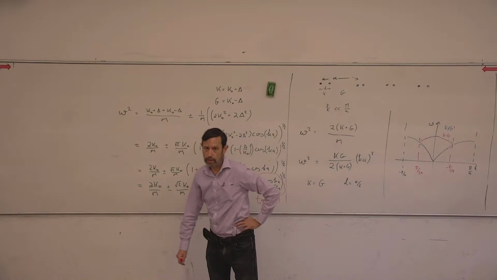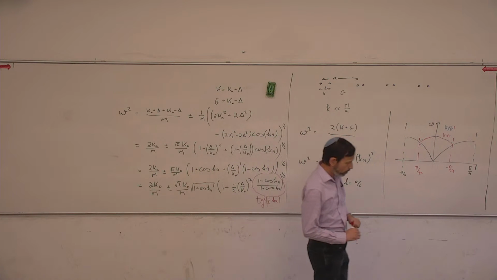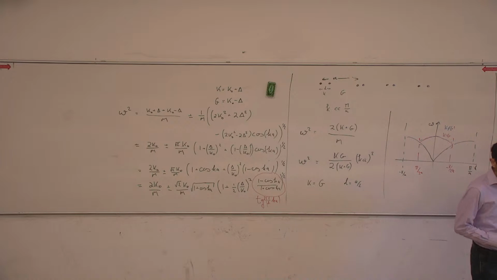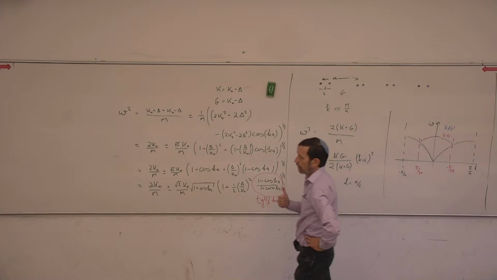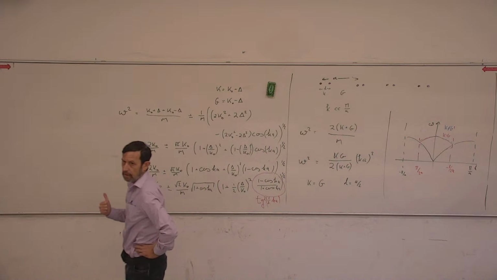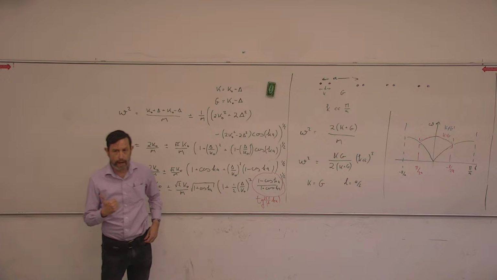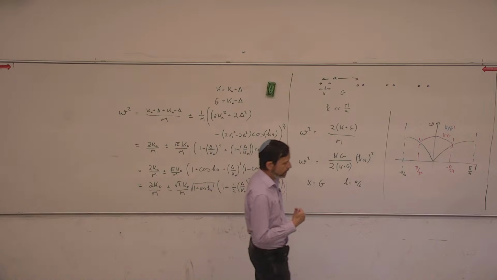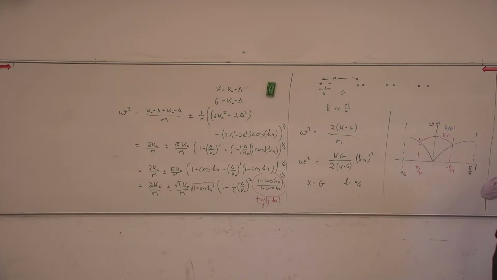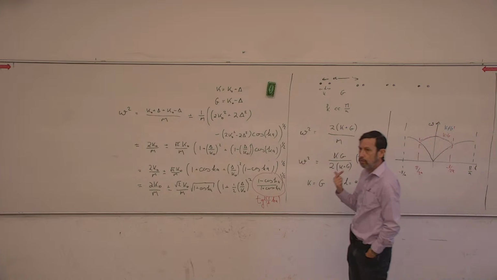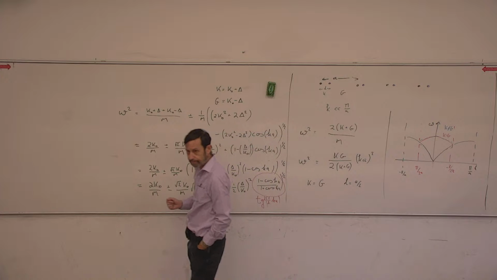Okay, so what do we know until now? Well, we know, first of all, that if you have a one-dimensional lattice with one atom per unit cell, you have one acoustic mode.